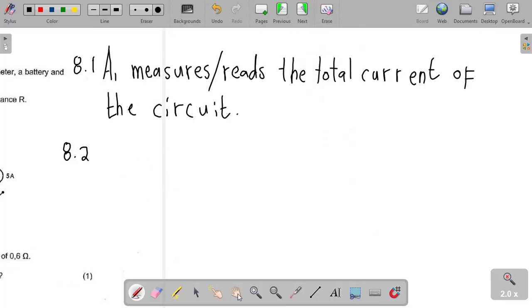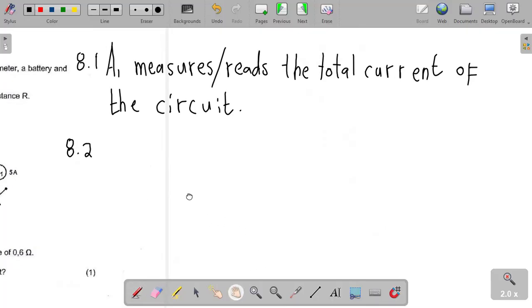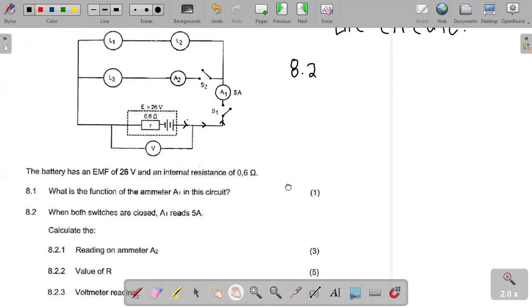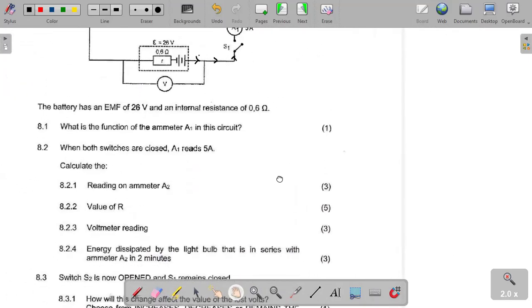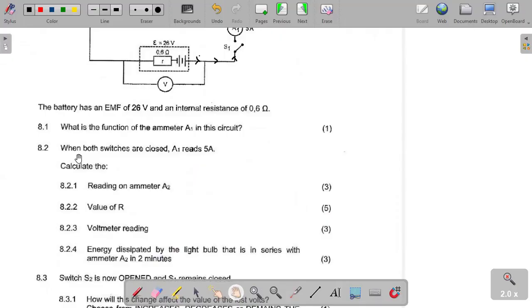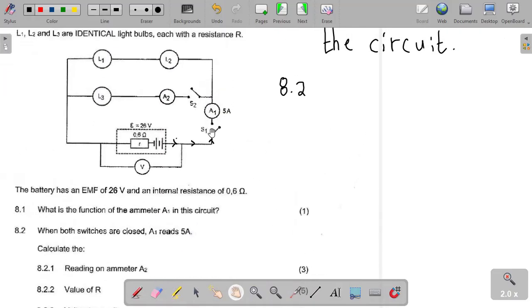Now 8.2, what are they saying? When both switches are closed, A1 reads 5 amperes. When both switches, S1 and S2, are closed, A1 reads 5 amperes. So what do we know at this point?